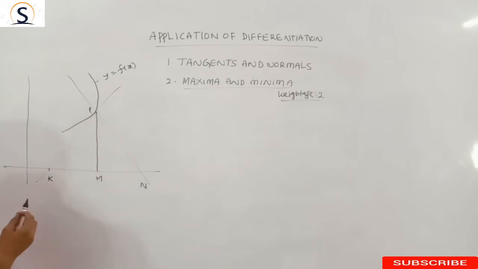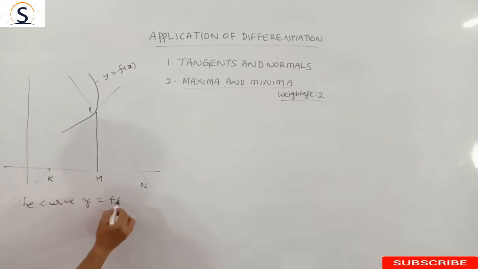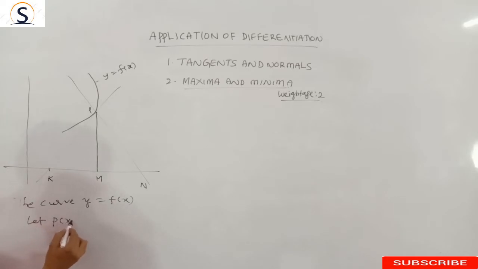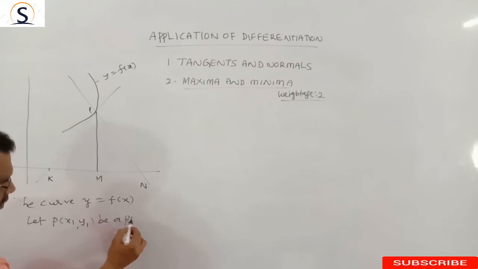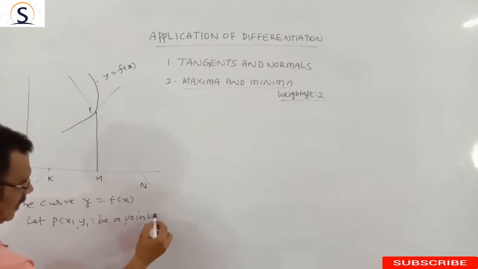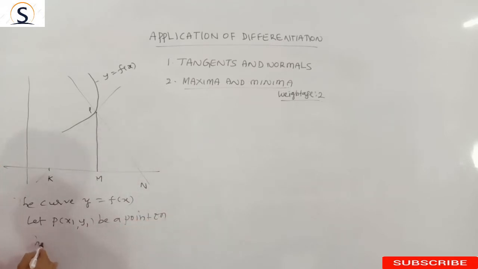Okay. Now the curve y is equal to f of x. I will be taking a point. Let P of x1, y1 be a point on the curve. This is a point on the curve. Next, we'll define the tangent slope. This is a tangent.